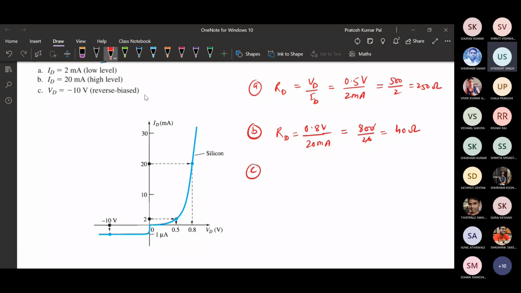That means at a particular DC voltage, the current is 20 milliamperes. So with respect to DC voltage and DC current, we can get the value of DC resistance.